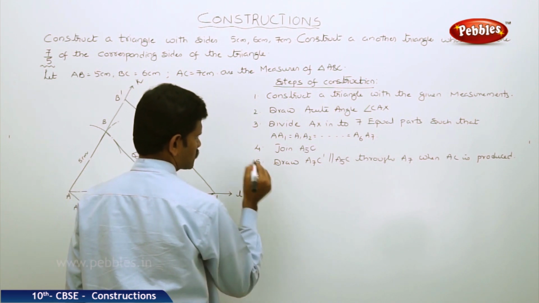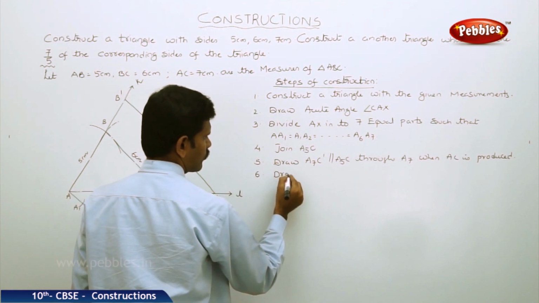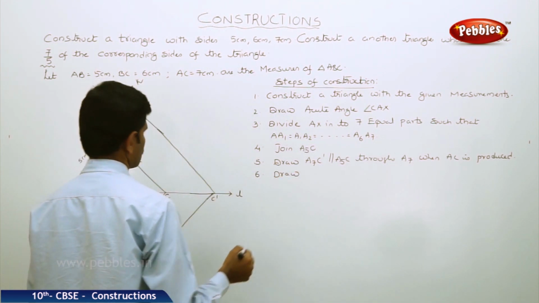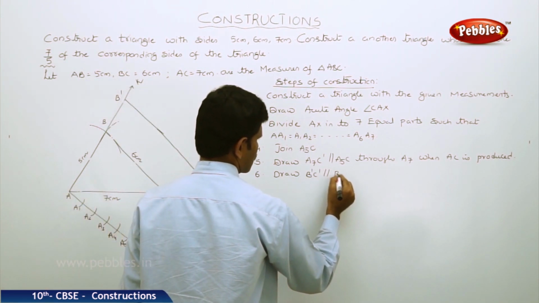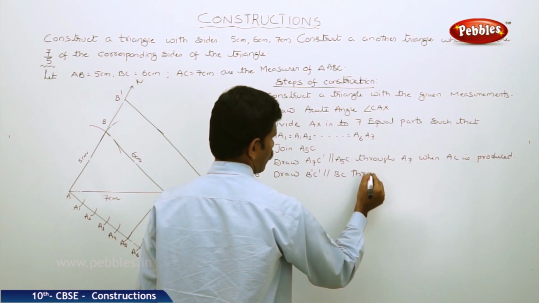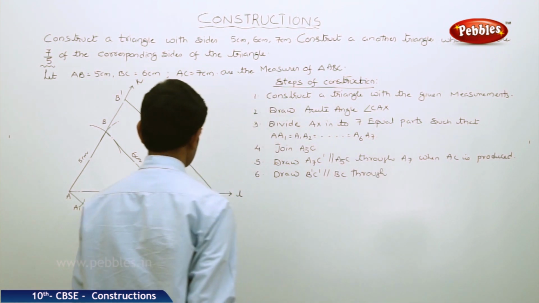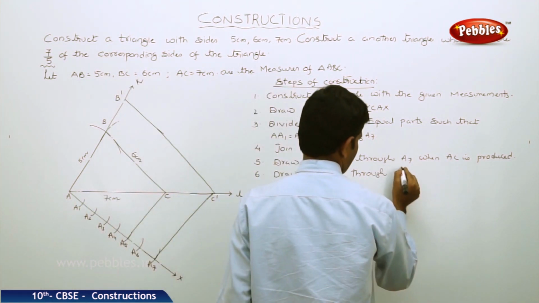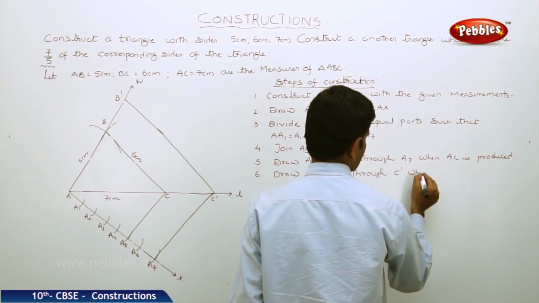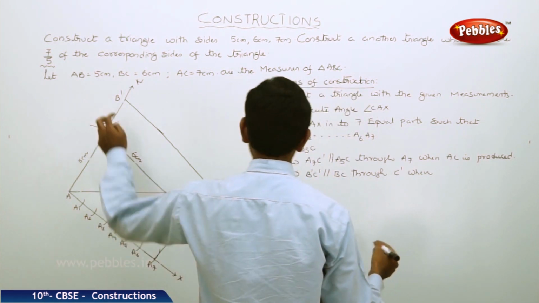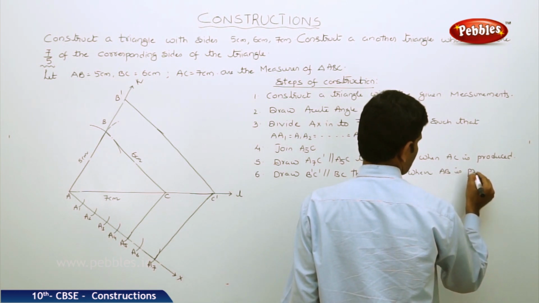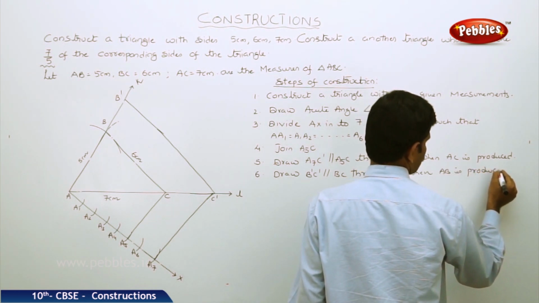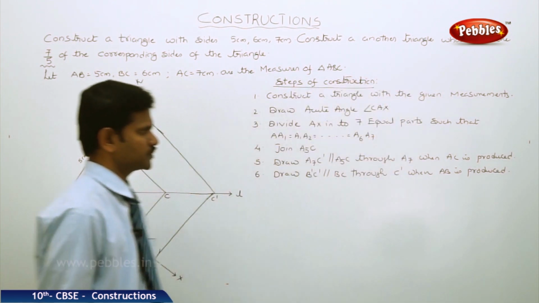Next, sixth one, draw B dash C dash parallel to BC through C dash when AB is produced.